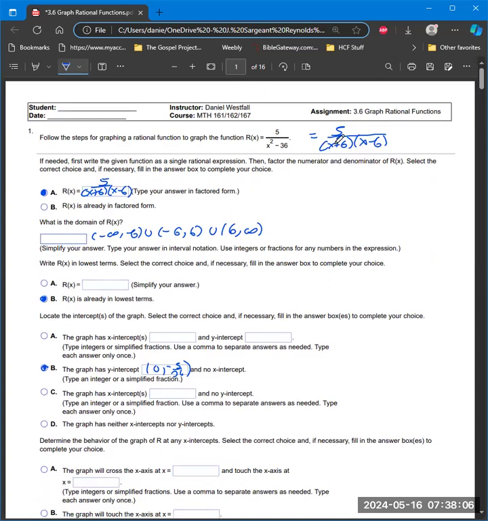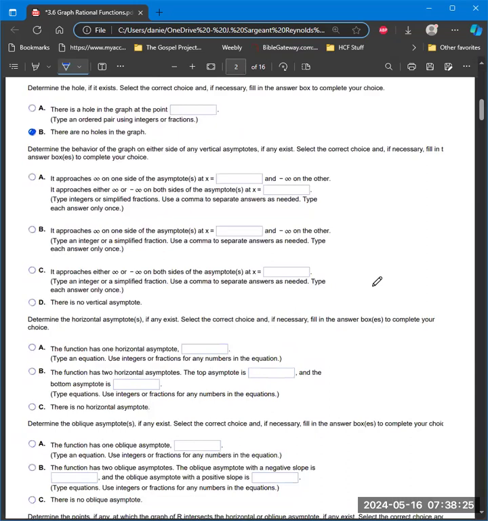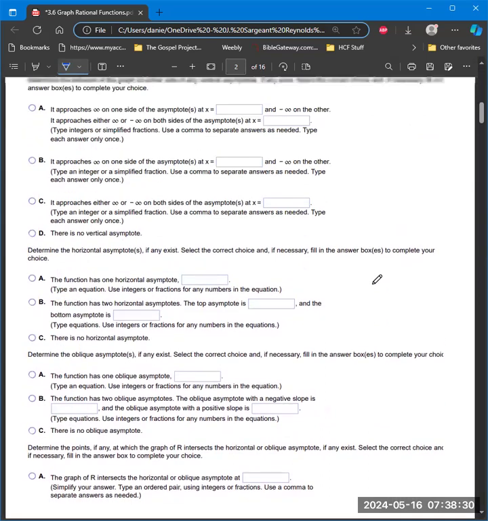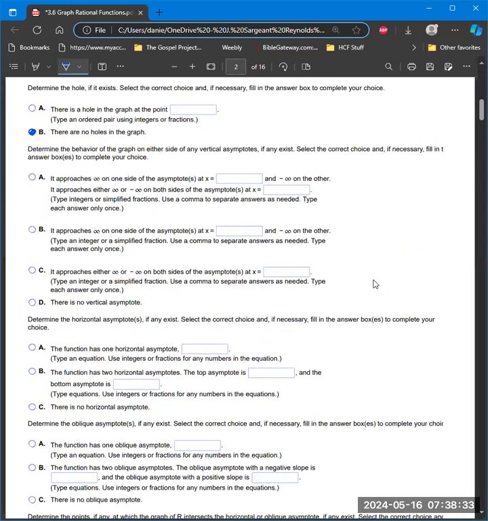And then as I get close to negative 6 from the right, this part changes signs and is positive. So that's going to be a positive over positive times negative, which is negative. So it's positive infinity from the left, negative infinity from the right. It approaches positive infinity on one side of the asymptote and negative infinity on the other side of the asymptote.